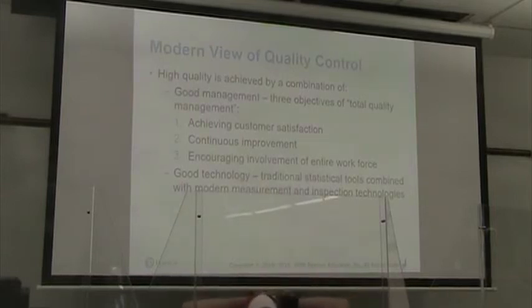Okay, finally, the modern view of quality control. High quality is achieved by a combination of good management, three objectives of total quality management are achieving customer satisfaction, continuous improvement, and encouraging involvement of the entire workforce.